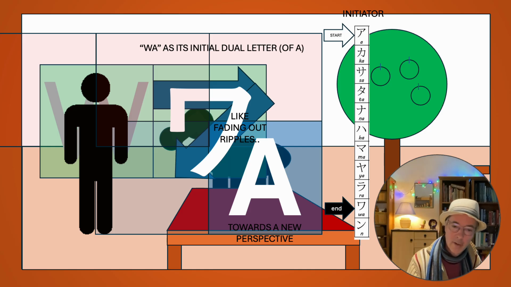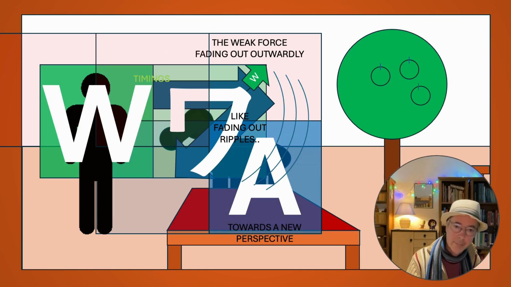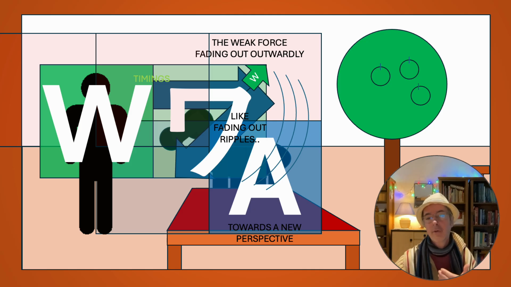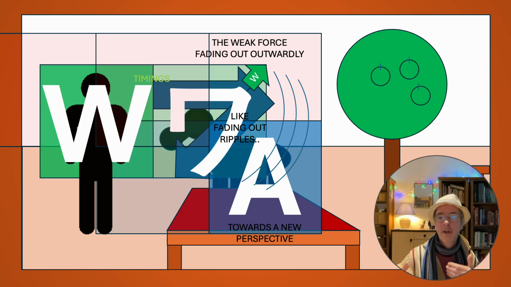That's the Wa thing. And the Wa in my theory is in the place of the timing. It's in the timing where it is, in the extension of what is happening, and it's fading out further and further, like the wind in that way.